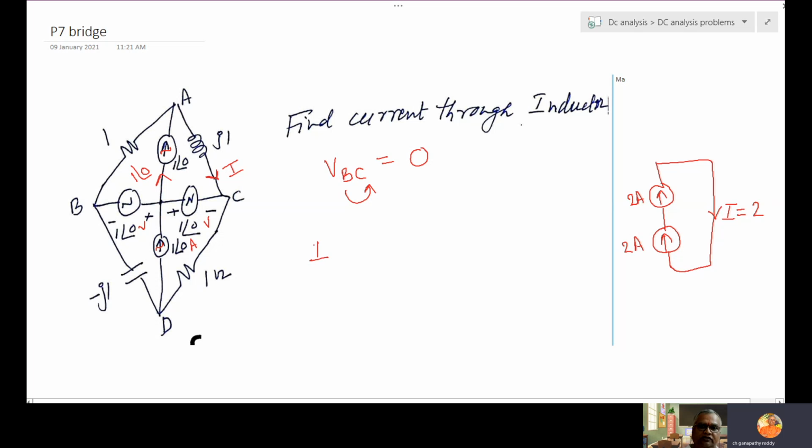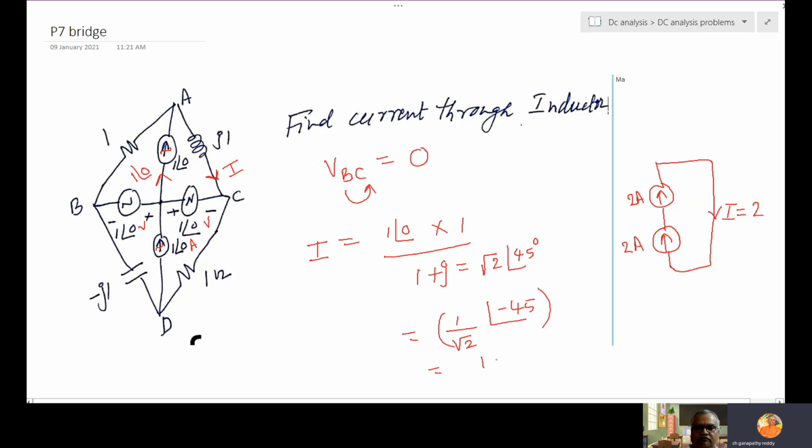So what is the current I using current division? 1 angle 0 into the opposite 1 by 1 plus j. 1 plus j is nothing but root 2 angle 45 degrees. So this is equal to 1 by root 2 angle minus 45, which is nothing but 1 minus j. This is the answer.